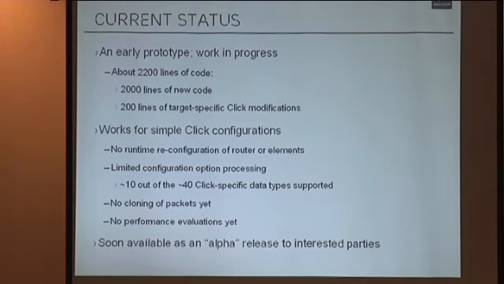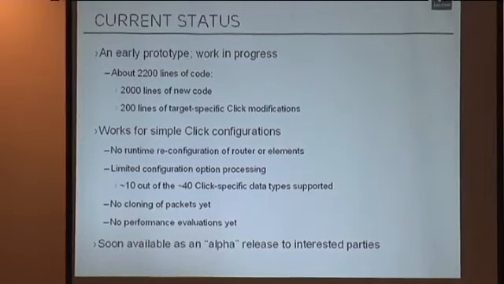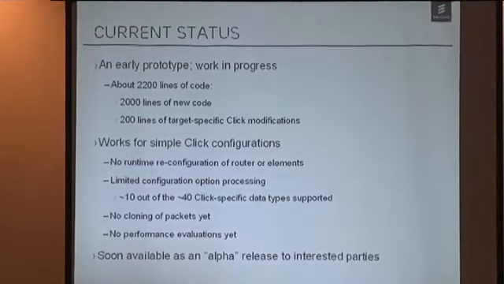So this is a pretty early prototype. It's really been working through some simple examples, simulating. It hasn't even really been prototyped in the FPGA itself yet. It was about 2,000 lines of new code, 200 lines of modifications to the click library.